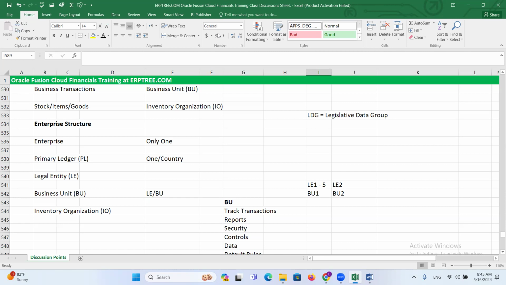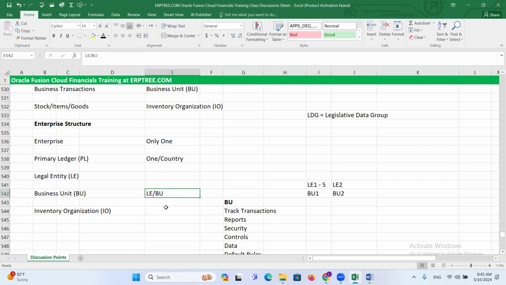Is any company implemented with something other than the legal entity as the primary balancing segment? There are many companies. Generally, when we are doing the balance sheet, balancing we do by legal entity. Correct, that is true. So even if you are doing transactions, or reports, balance sheet, or any financial reports you create, you can do it at legal entity level.